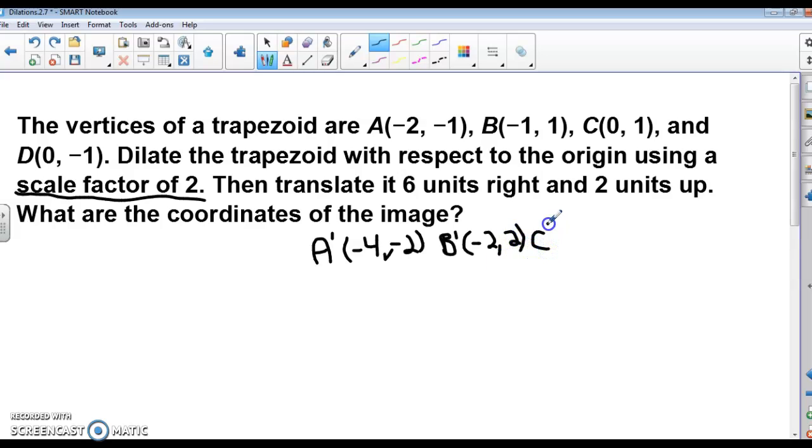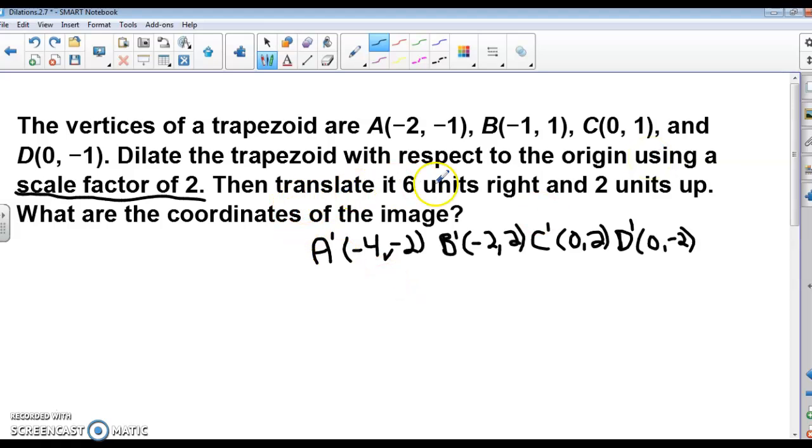C prime will be 0, 2. Last one, D prime, would be 0, negative 2. Alright, so that is how we dilate it with a scale factor of 2. We don't have to graph anything, we just multiply every single one of the ordered pairs by 2.